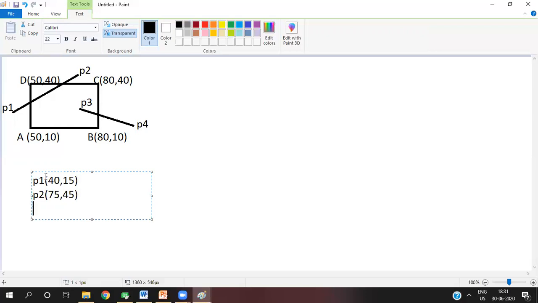Coordinates for P3 are 70 comma 20. Coordinates for P4 are 100 comma 10. Okay, these are the coordinates given for points, and now we are going to calculate the intersection points for the line.